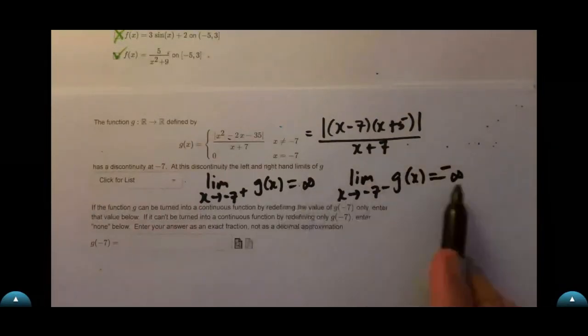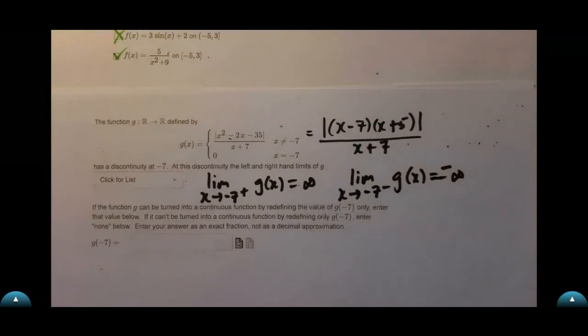So these are definitely infinite limits and they're not equal. There'll probably be a little drop down there to say the limits are infinite and not equal or something like that. Now the question goes on: if the function g can be turned into a continuous function, enter that value below. If it can't, enter none.